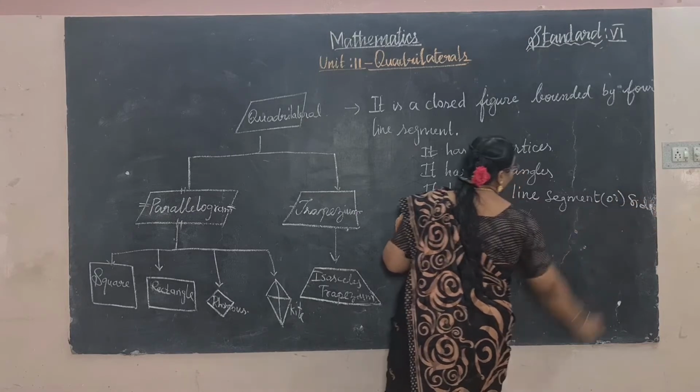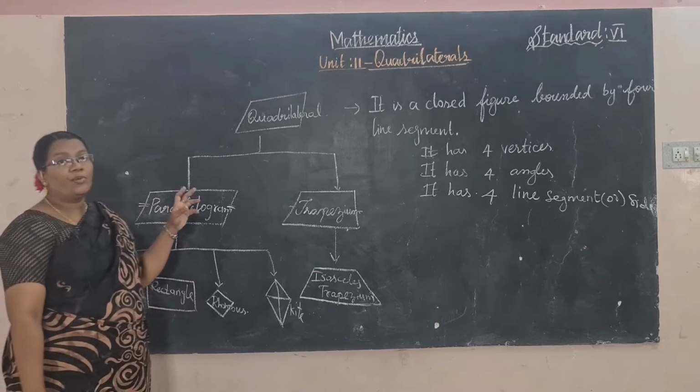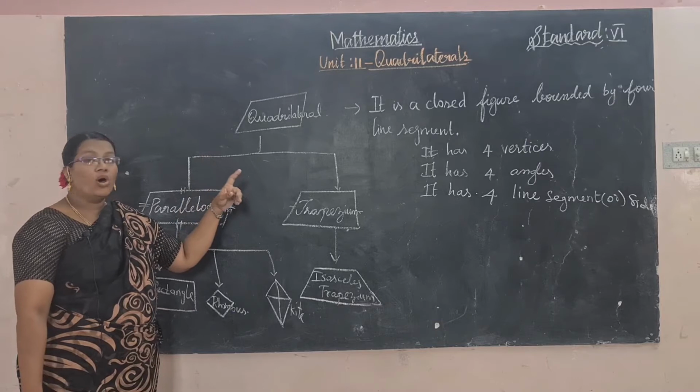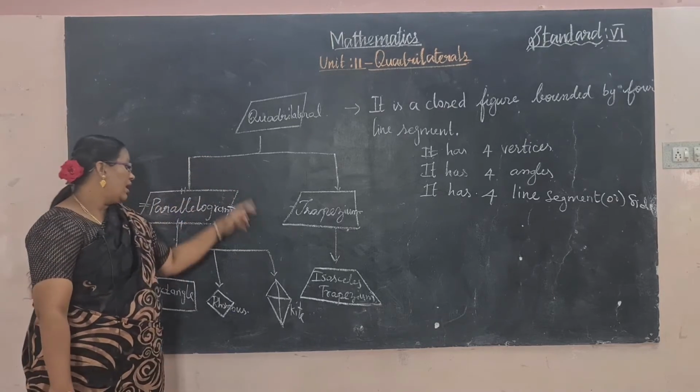So a quadrilateral is a closed figure bounded by four line segments. It has four vertices, four angles and four sides.